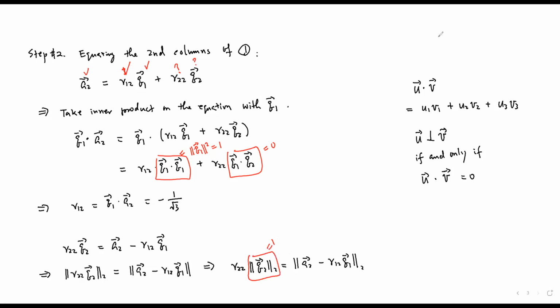So therefore, I get R22 is the 2 norm of this vector. This vector, I know, so this 2 norm is computable. Let me see, what is R22?